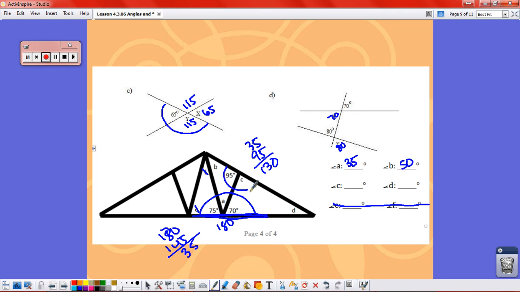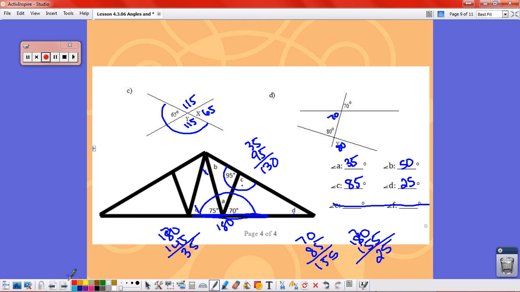These are supplementary. 95 degrees and 85 degrees would make 180. And then we have 70 and 85 makes 155, and 25 would make 180. So again, 70 degrees plus 85 degrees is 155 degrees, and 180 minus 155 is 25. So that's your missing angle here.